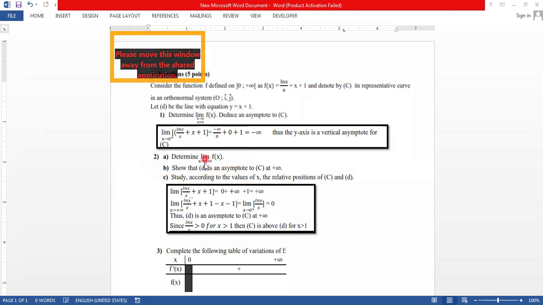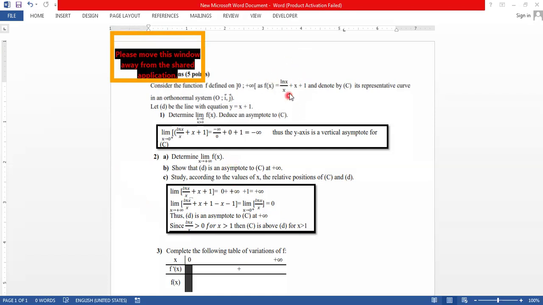So you would know that the limit when x tends to plus infinity is either plus infinity or minus infinity, because we have an oblique asymptote. It's not a number, we don't have a horizontal asymptote. This is another hint from the exam that the answer of the limit is either plus infinity or minus infinity.